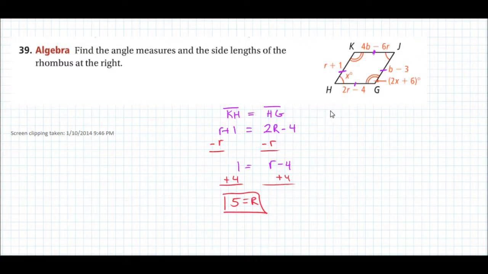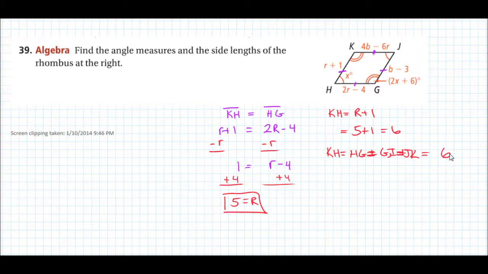Well, KH is equal to r plus 1, which we found out r was 5, so 5 plus 1, so it's equal to 6. So all the sides are equal to each other. Sorry about that being messy. And all the sides are 6.